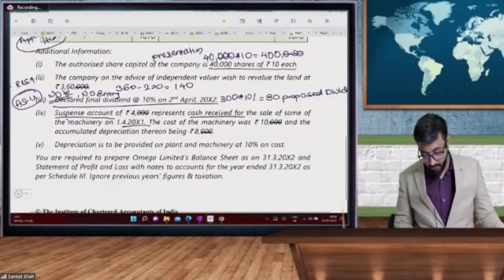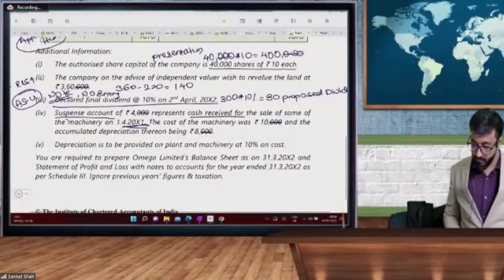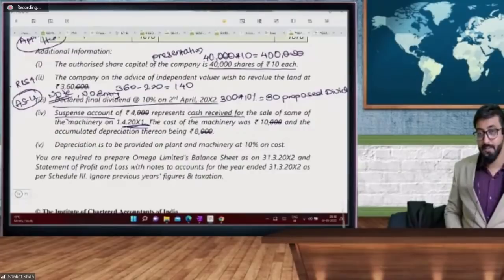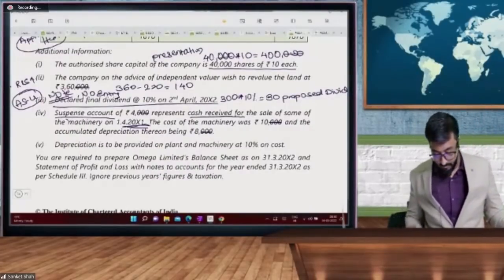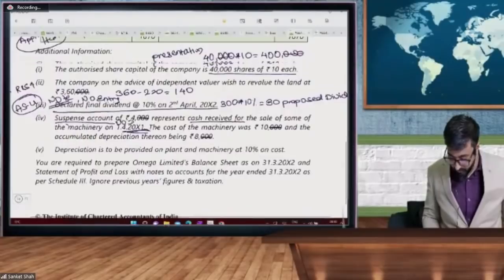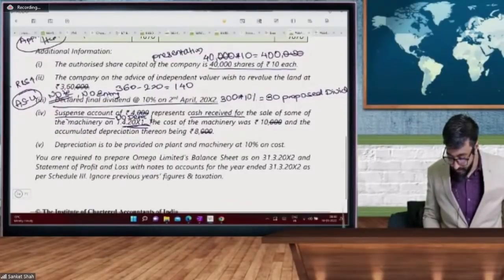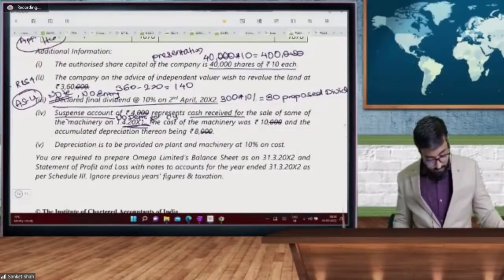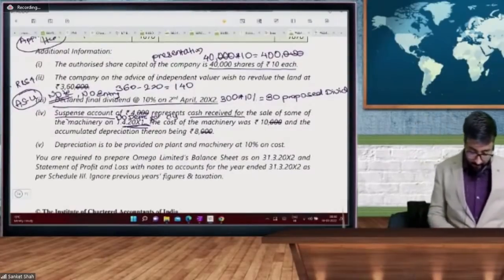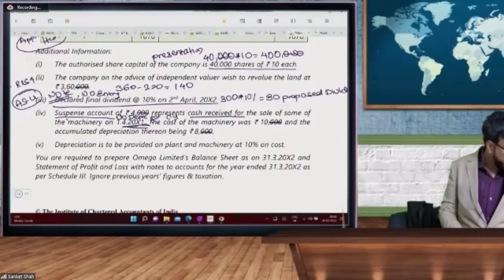On the very first day they sold it, so no depreciation for this year. So what is the meaning of this? No depreciation for current year. What is the correct entry?